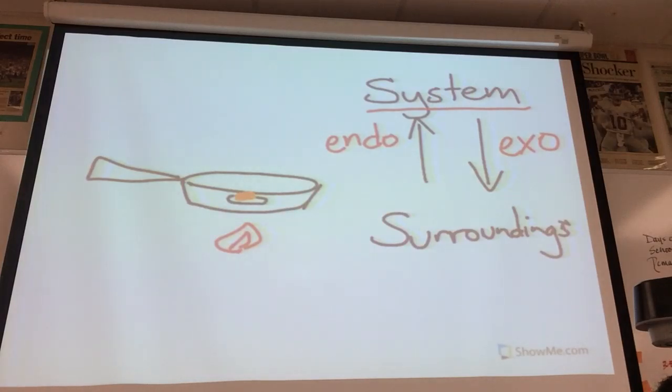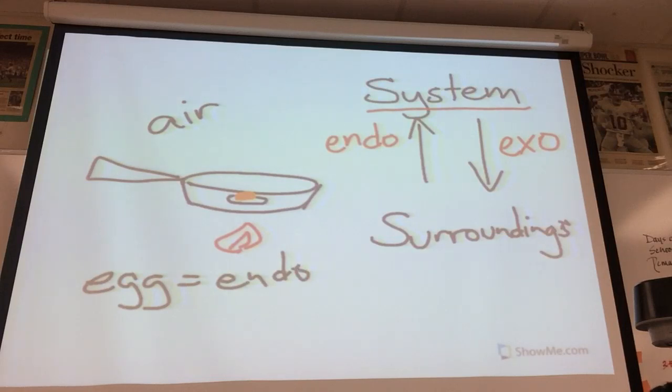Well, the egg is receiving energy from the fire that's being transferred into the pan in order to cook the egg. It's also got the air around it, and the air gets hot around it as well because of the fire. And if that's the case, it's still endothermic. So again, if the egg happens to be the system, then we say that this is an endothermic reaction.